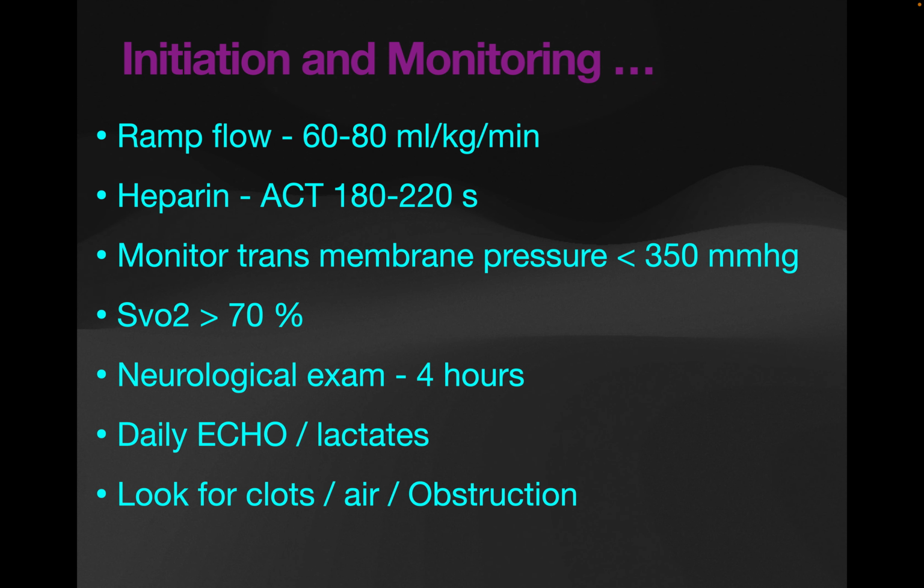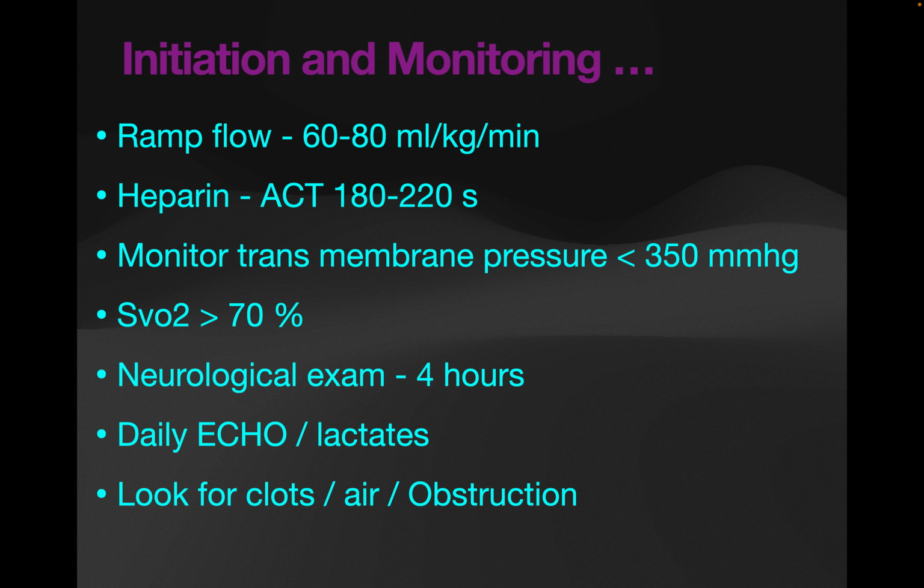How do you initiate and monitor this patient? You have a ramp flow of about 60 to 80 mL per kg per minute. Heparin is the standard anticoagulation to maintain the ACT between 180 and 200.